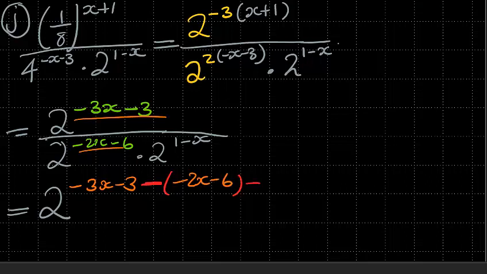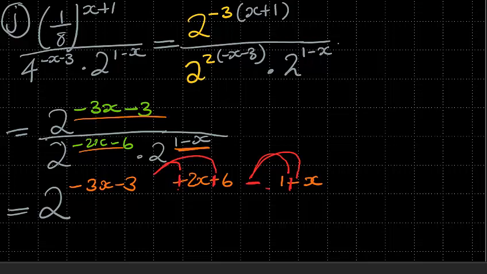And I'm going to subtract my second bracket, which is going to be this one, 1 minus x. My next step is to get rid of my brackets. So minus times minus becomes plus, and minus times minus becomes plus, and my brackets are gone. Minus times plus becomes minus, and minus times minus becomes plus, and my brackets are gone.